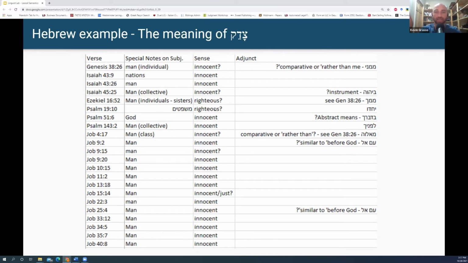by the syntactic context. What we wouldn't expect is some context in Job, or let's say the Psalms, where God is talking about himself abstractly and just says tzadakti, "I'm righteous." We would say, okay, that would be a really good counterexample, and I would say this hypothesis is probably wrong.